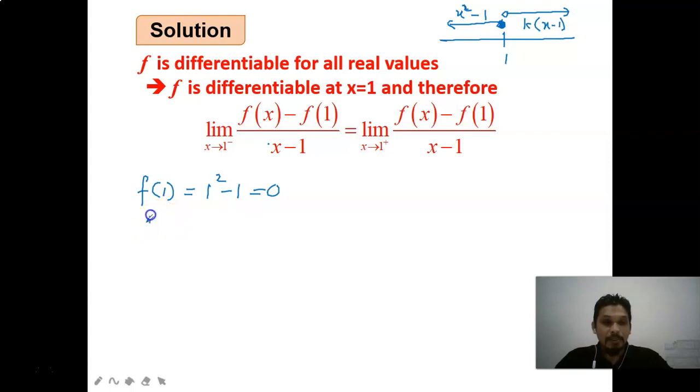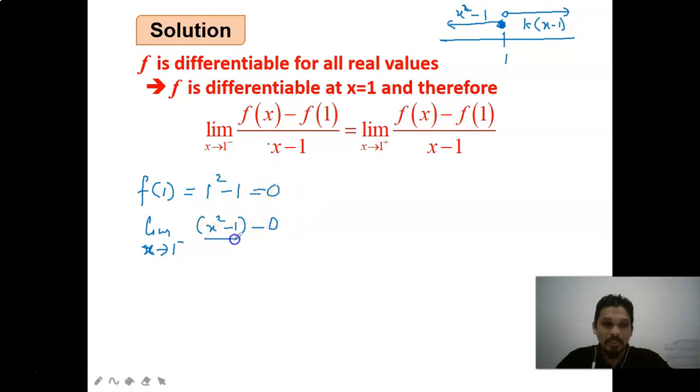Okay, so limit x approaching to 1 from left. So f(x) minus f(1), here x minus 1. It is x squared minus 1 minus f(1). Let's say, substitute x with 1 here. 1 squared minus 1, as you see here is 0.